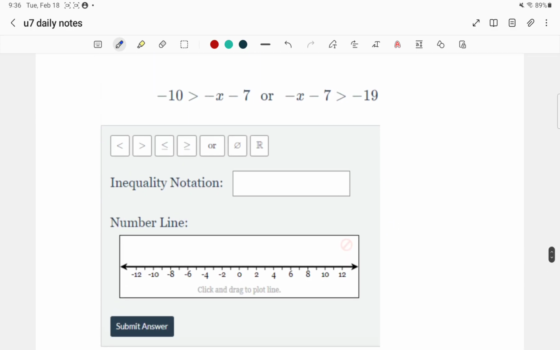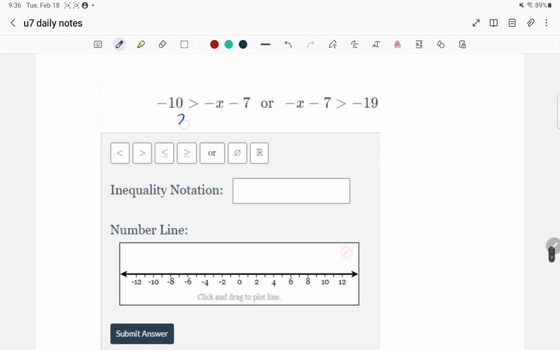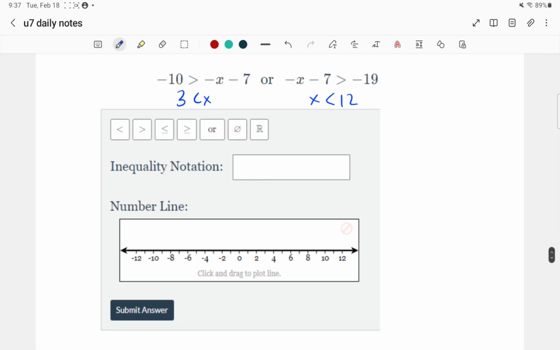Last one, almost done. Solving for x, we have 3 is less than x, and x is less than 12. I'm going to graph it first, and I get 3 is less than x, so everything has to be bigger, and x is less than 12, so 12 up here, open circle, everything's smaller.